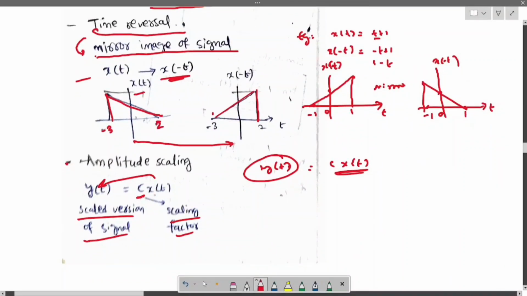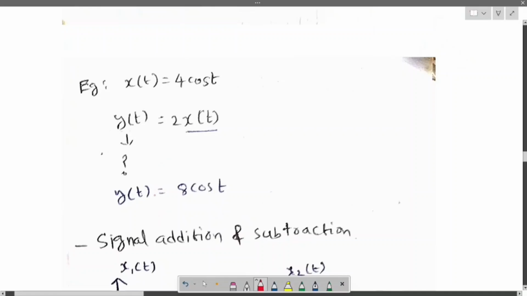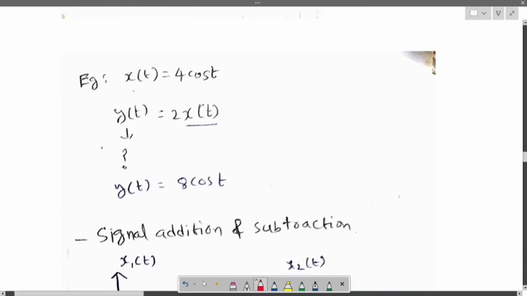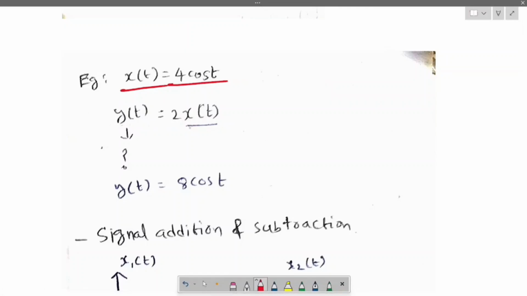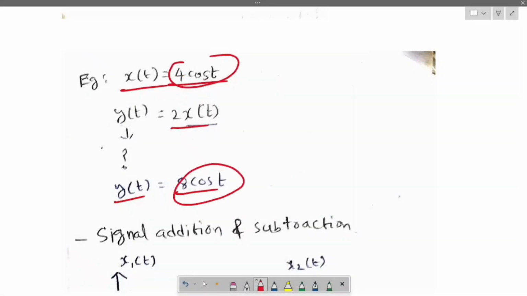Let us go for one example, you will get a detailed idea on this. Suppose x of t is 4 cos t and y of t is 2 x of t, then y of t will be 8 cos t. For 4 cos t, we are getting 8 cos t, which is known as the amplitude scaling.